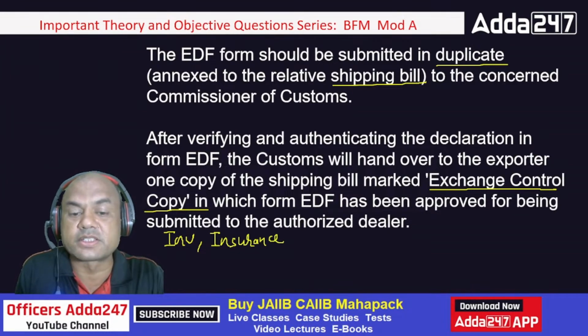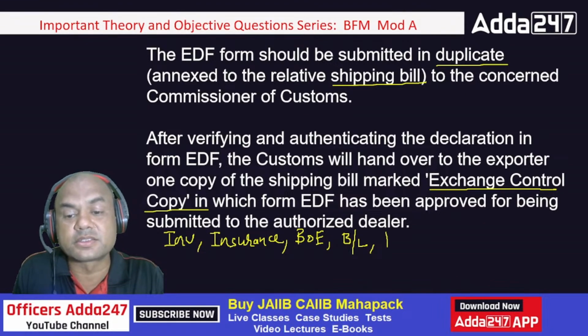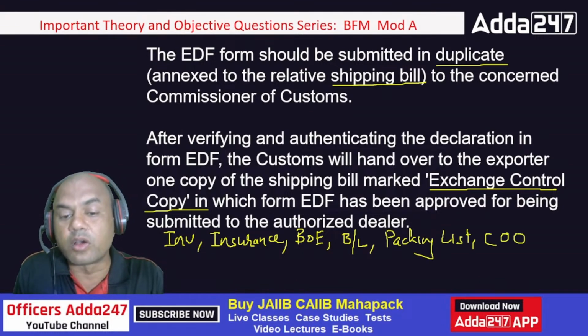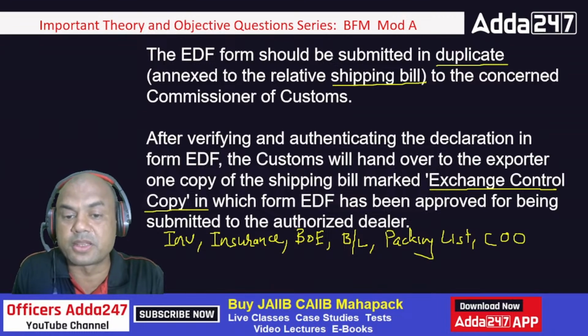Then bill of exchange, BOE, if it's a usance document. Then bill of lading. Then packing list. And the last one is COO, certificate of origin. Now, along with these 6 documents, the customer should also submit this ECC copy of the shipping bill.